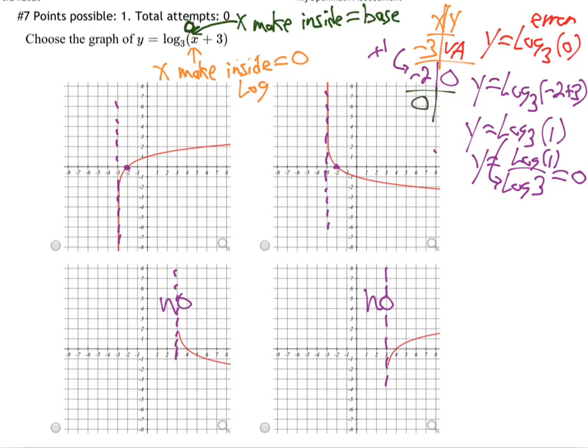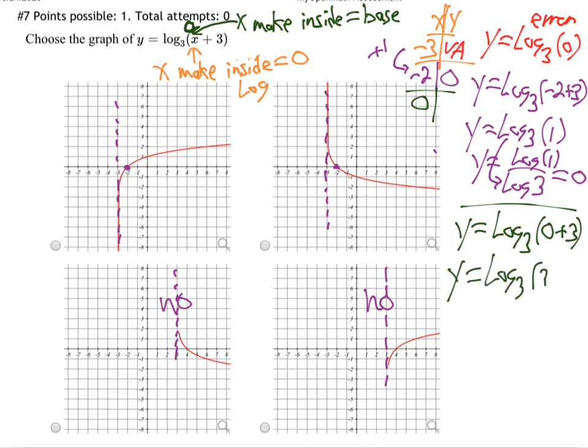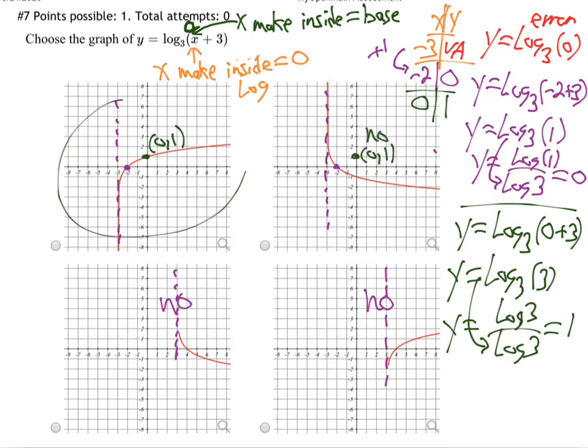So plug in x is 0, and you get log base 3 of 0 plus 3. Log base 3 of 3. The base goes to the bottom, the other one's on the top. And that's 1. So that's over 0 up 1. Beautiful. There it is right there. Over 0 up 1. No, that one misses it. So there's our answer. That one has the right 2 points and the right vertical asymptote.